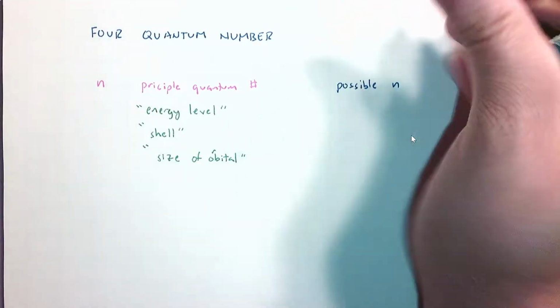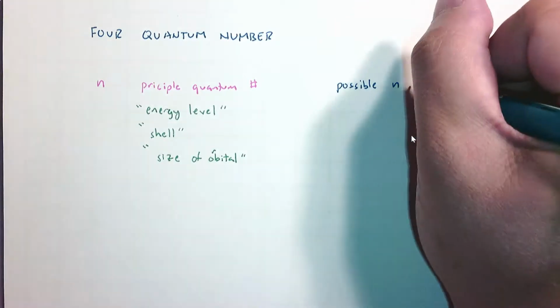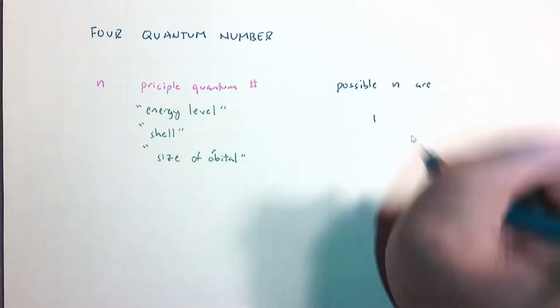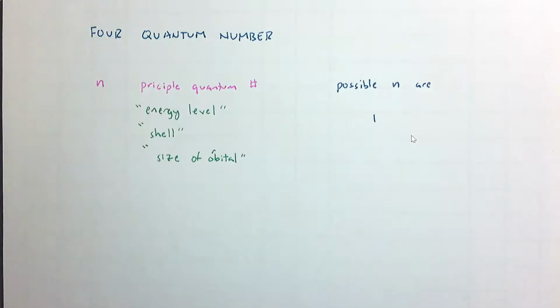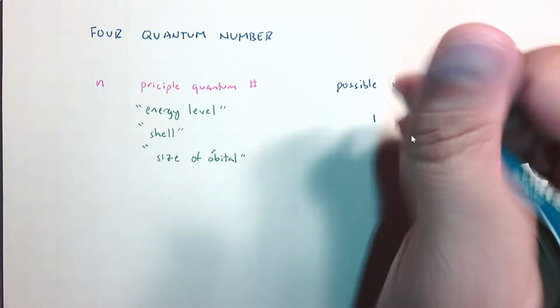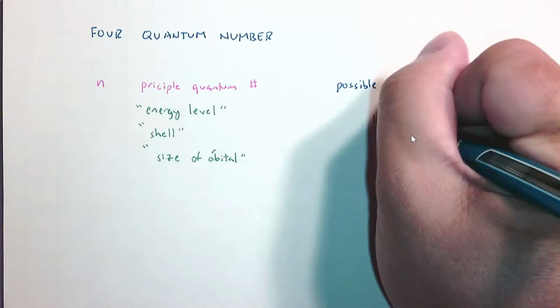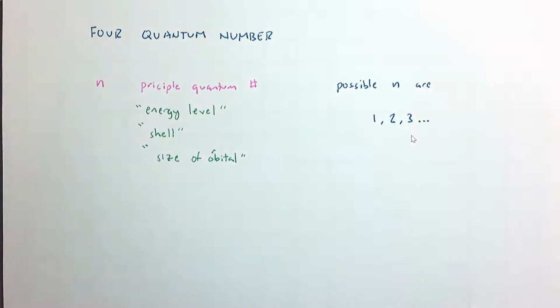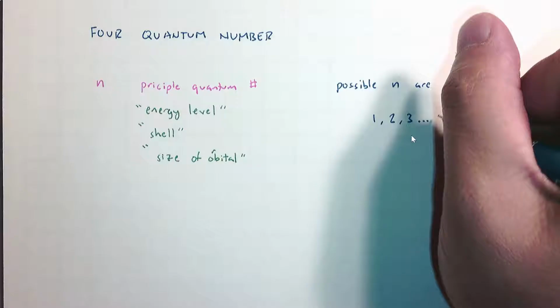The possible n values start at 1. It could be 1, okay? So that was the ground state, right? For the hydrogen atom, n equals 1. Then 1, 2, 3, etc., all the way up to, for our universe, atoms where the n value is 7.